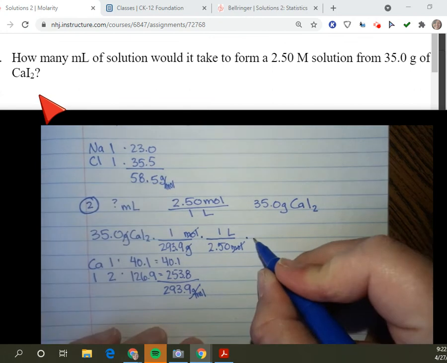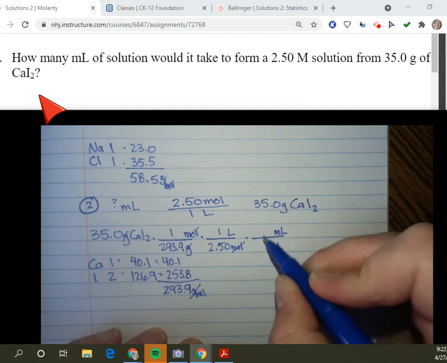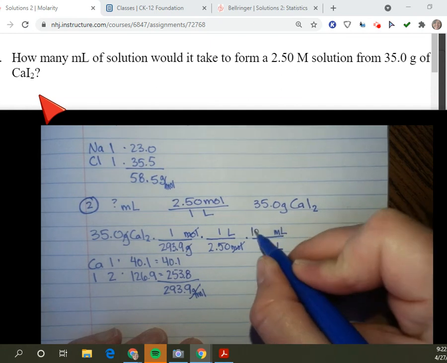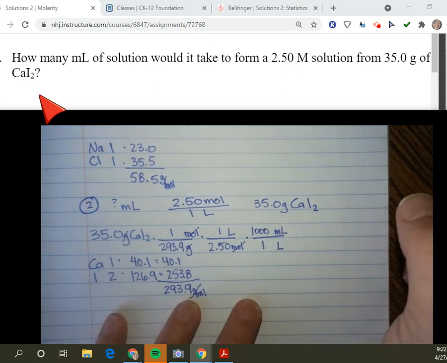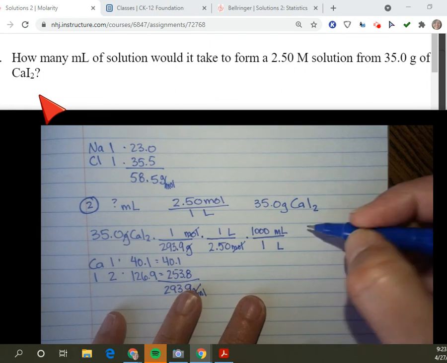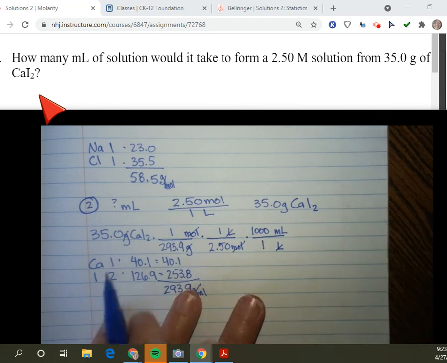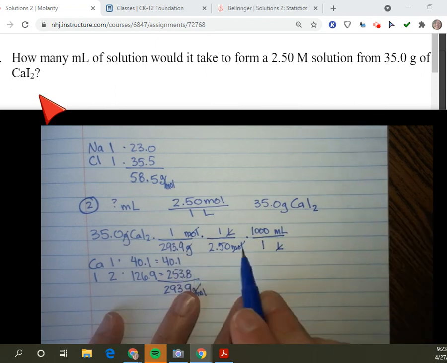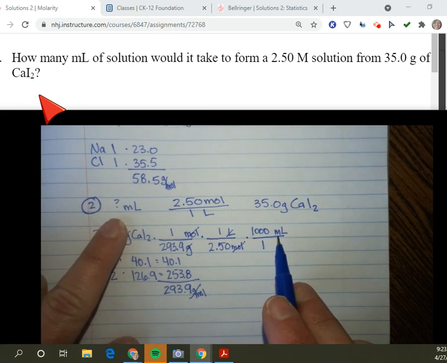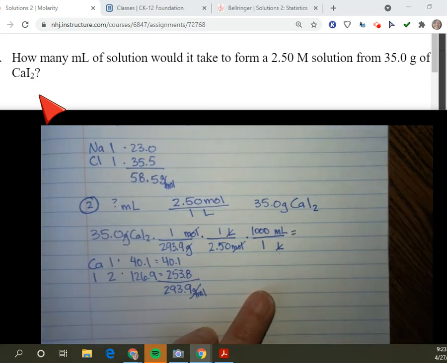So we need to just convert liters to milliliters. 1,000 milliliters. So our liters canceled. All of our units have canceled except for milliliters, and that's what the question asked us for. So now we can just go across and do the math that it's asking us for.